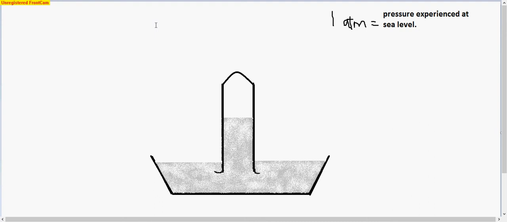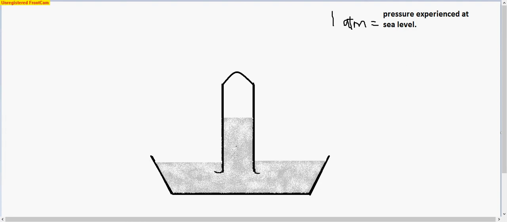Approximately, the correct 1 atmospheric pressure is seen somewhere in France, I think so. I don't think it will vary much in different countries, so I just wanted to make that point clear. Okay, now moving on to the problem.